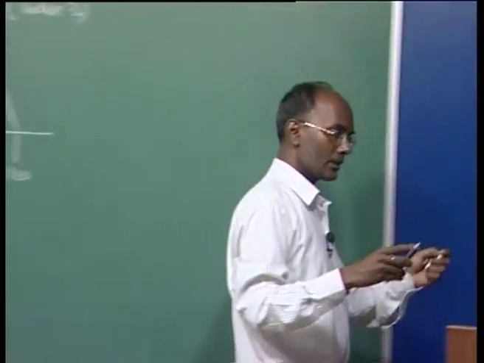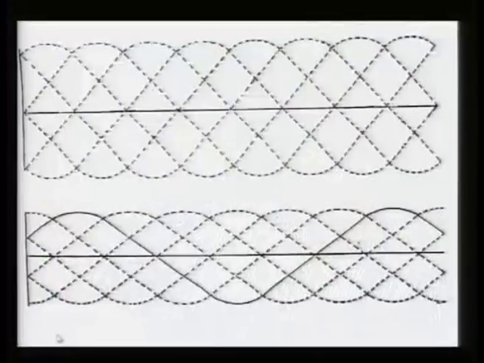Here, the top figure is showing the line to line voltages, and the one below can be taken as the phase voltages. I can start by writing EBA, and this EBA is the commutation voltage of valve 3.